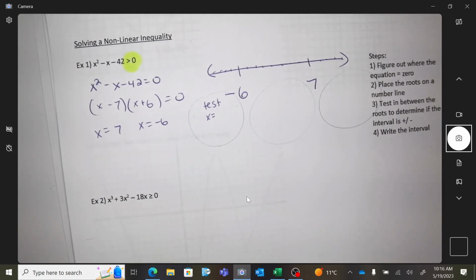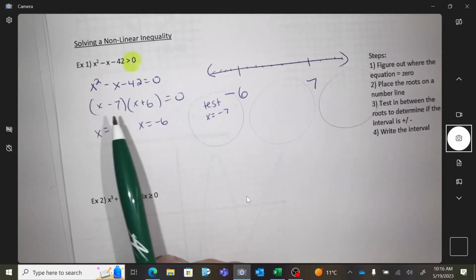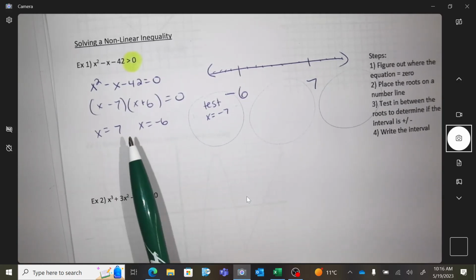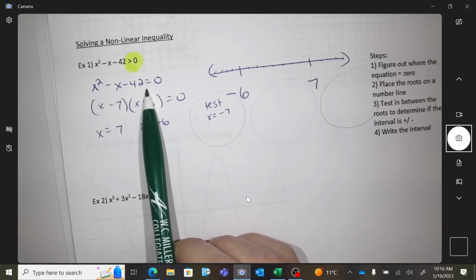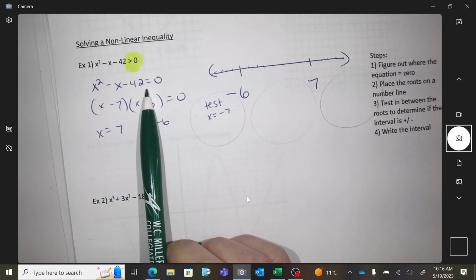Okay, what x value could we pick that would be in this zone? You mean x value on the number line in that zone? -7. Okay, I'm going to plug it in. Now, here's a couple things you could do. You can plug it in to this to see what it equals, but I honestly don't really care what it equals. All I'm trying to figure out is if it's bigger or smaller than 0.